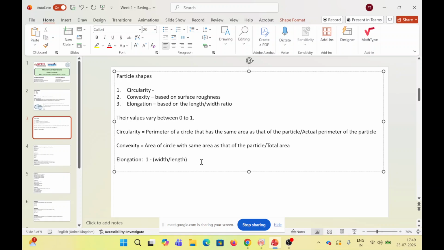As per this expression, 1 minus width over length ratio. Yes, I am asking what will be the elongation value for a circle.